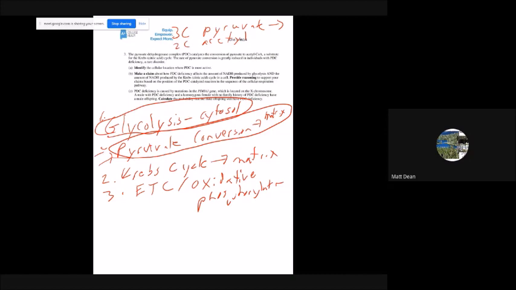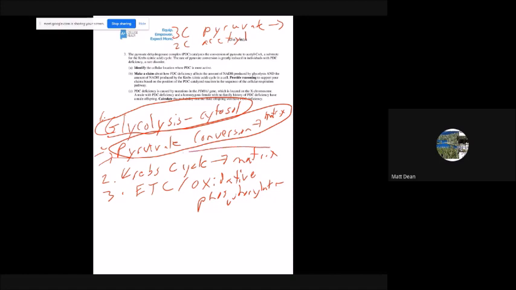So I'm hoping that you can see that your claim about glycolysis should be that this deficiency should have no effect on the amount of NADH produced by glycolysis, because the pyruvate conversion happens after glycolysis has already occurred.